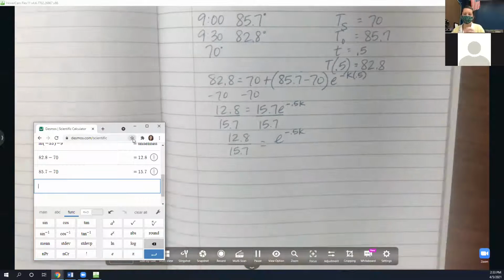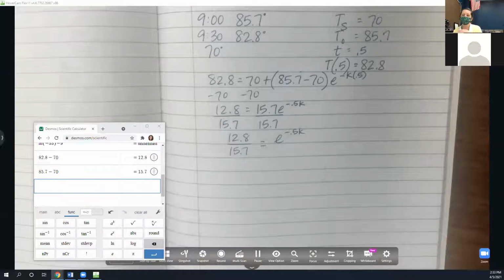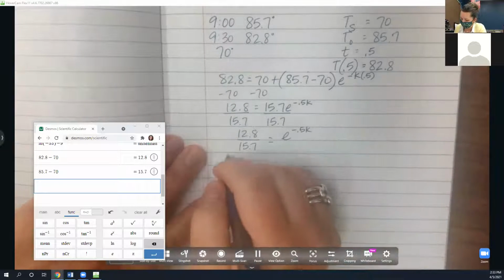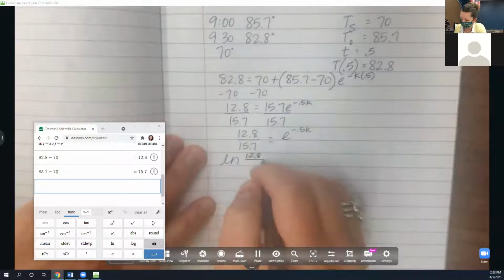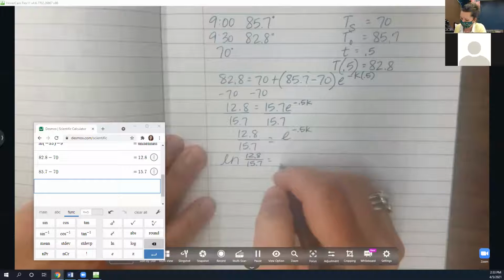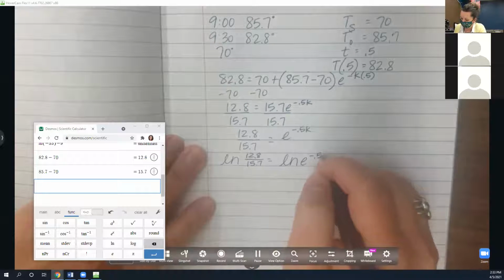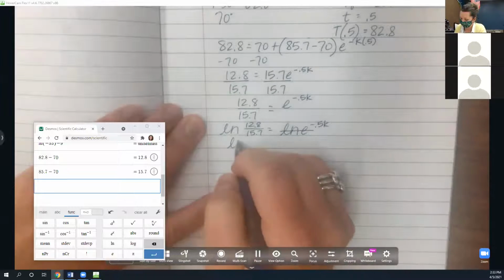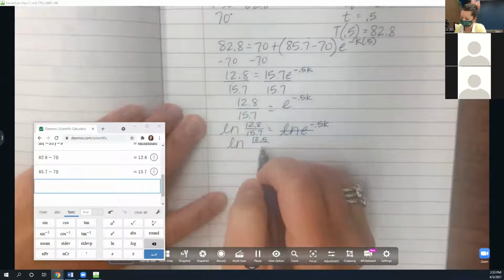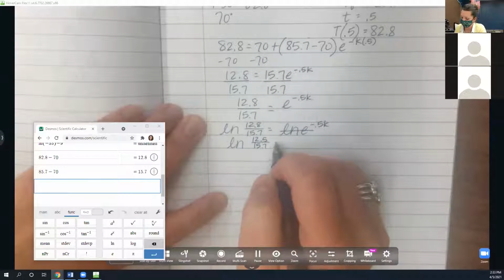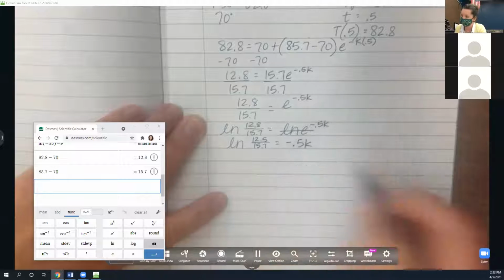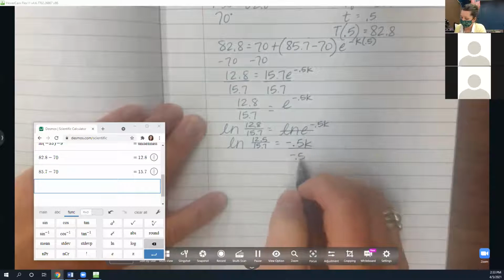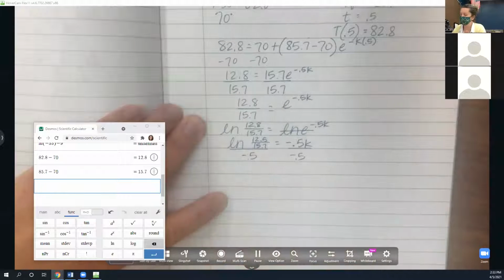This is where we bring in our natural log, right? Whenever I have e to a power, I can eliminate that e by taking the natural log of both sides, right? So I'm going to say ln of 12.8 divided by 15.7 equals ln of e to the negative 0.5 k. That cancels our natural log of e there. So I have ln of 12.8 divided by 15.7 equals negative 0.5 k, and we'll divide by that negative 0.5 to find k.